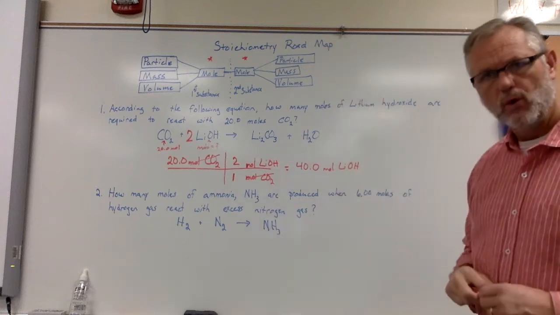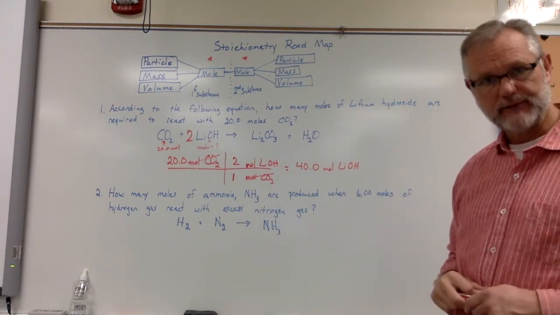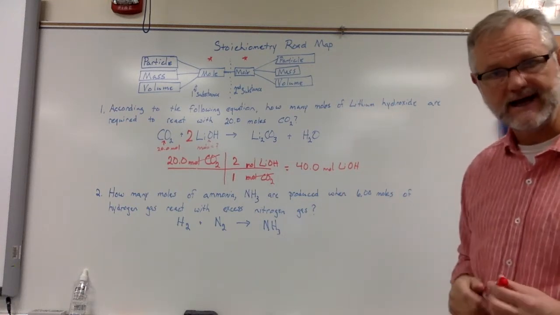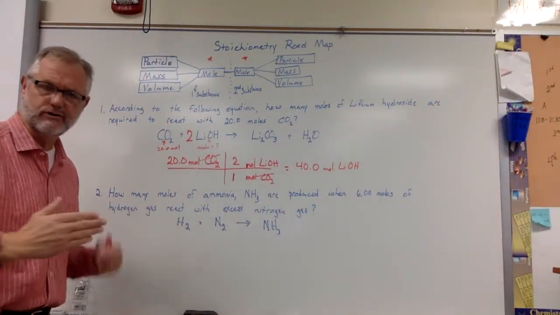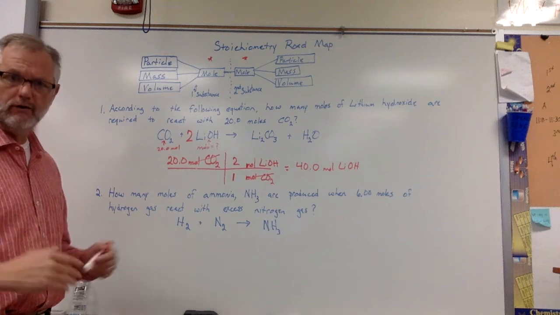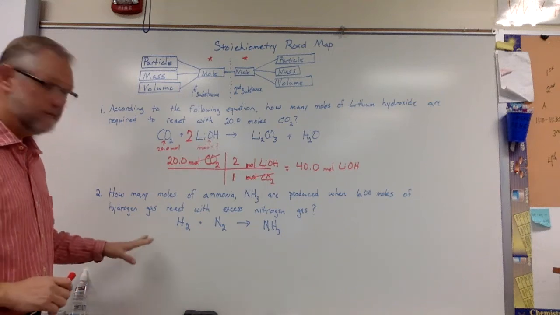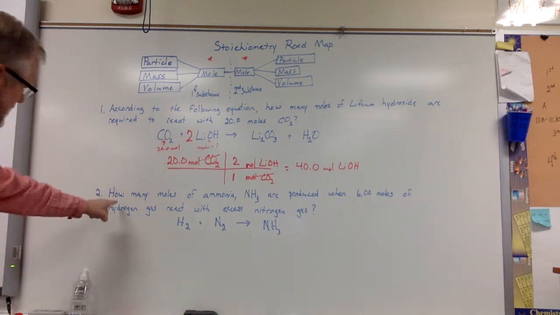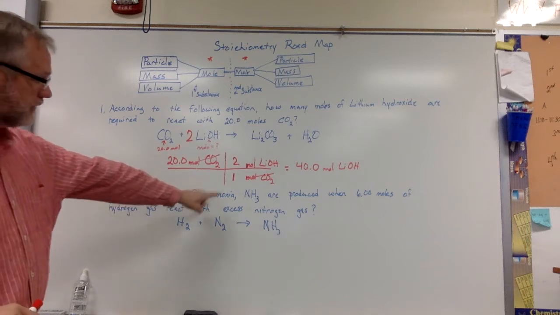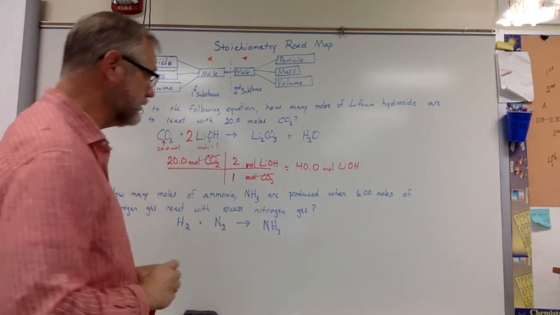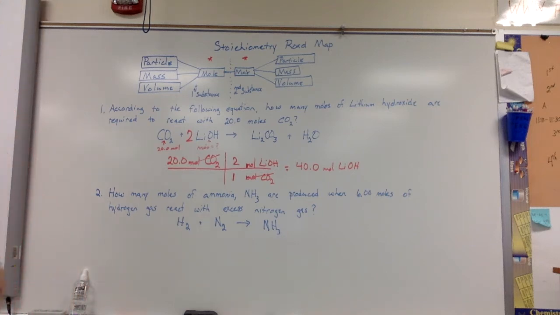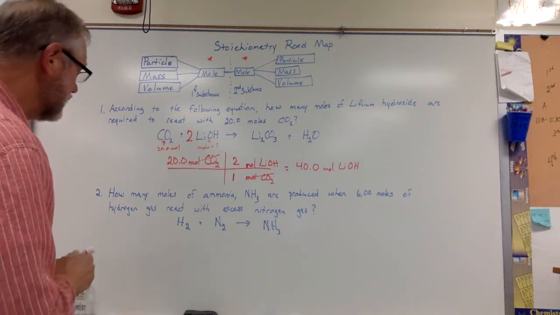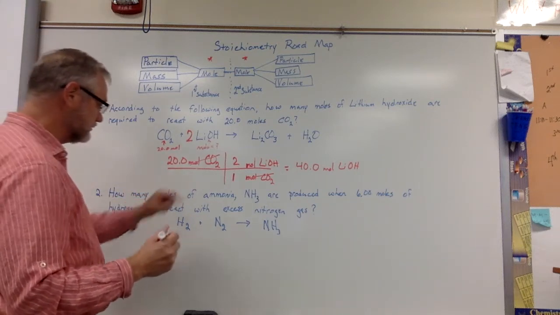All right, so what I would like to do on the second problem is go through and set it up, not talk quite as much, but stay a little bit more focused so that you can see how the flow of the problem goes. So here we go. It says, how many moles of ammonia, which is NH3, are produced when 6.0 moles of hydrogen gas react with an excess of nitrogen gas?